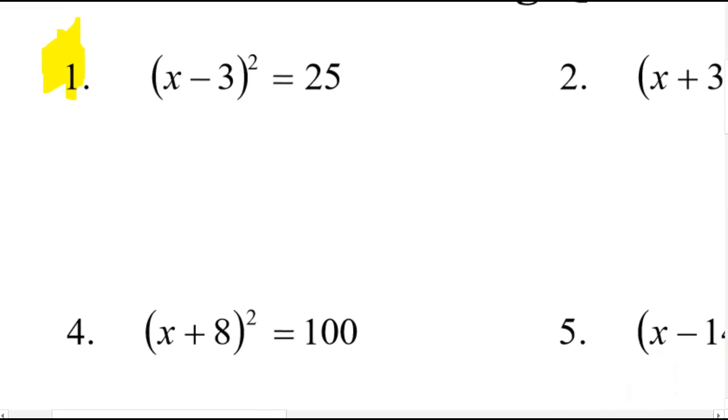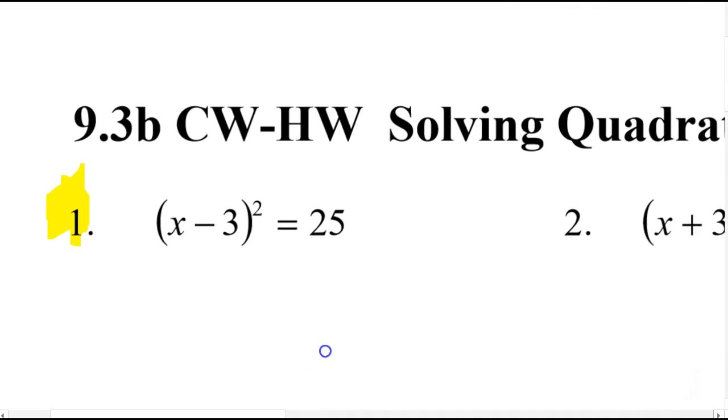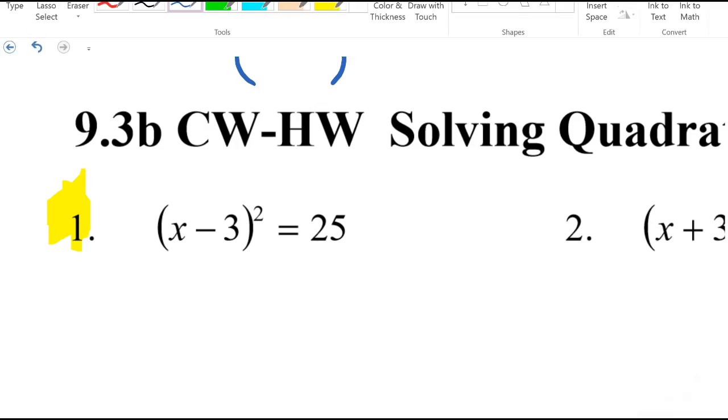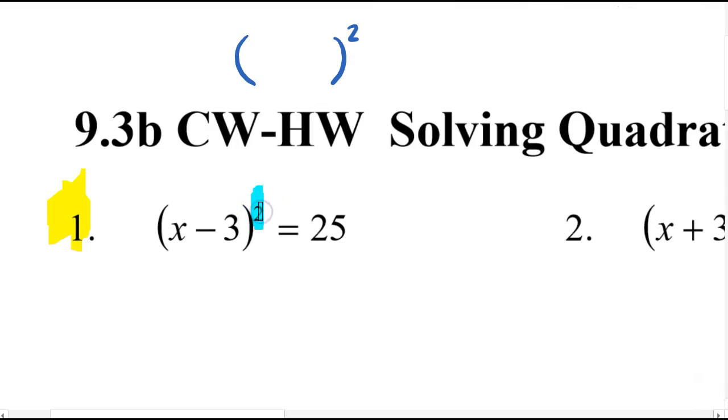So let me write some notes up here. When we have on the left side parentheses that are squared, and if you look at our problem for number 1, you see this square here. If there's a square, and then on the other side you have a number, like 25 here.